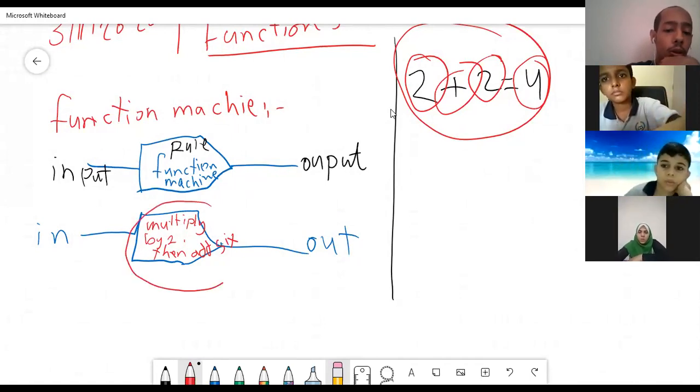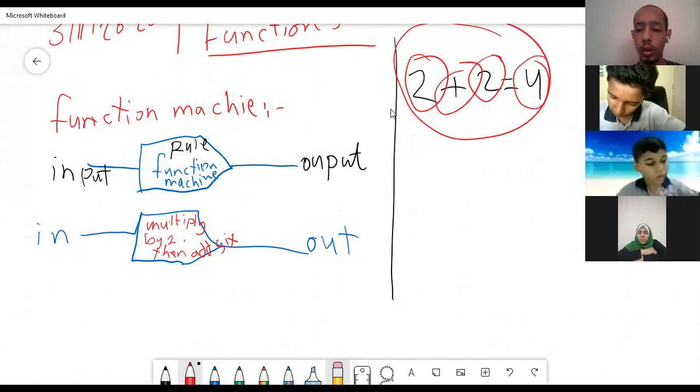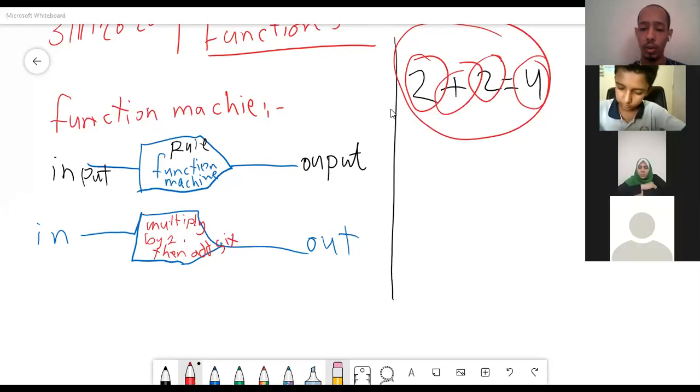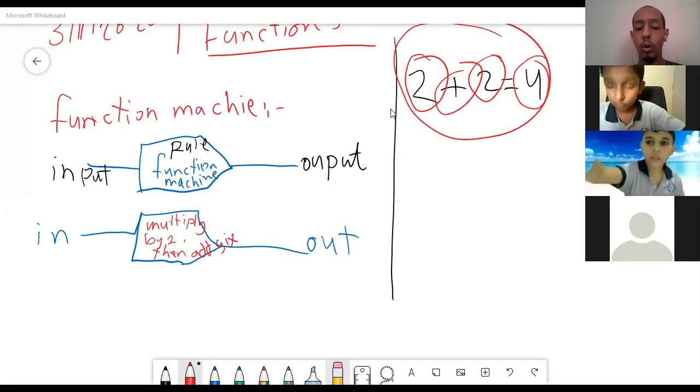Multiply by 2 and add 6. Okay, this is our rule. So what is our input and what is our output? Not defined as yet, right? So any number can enter the function machine, the rule, right? And then some mathematical operations are carried out inside the function machine according to the function.